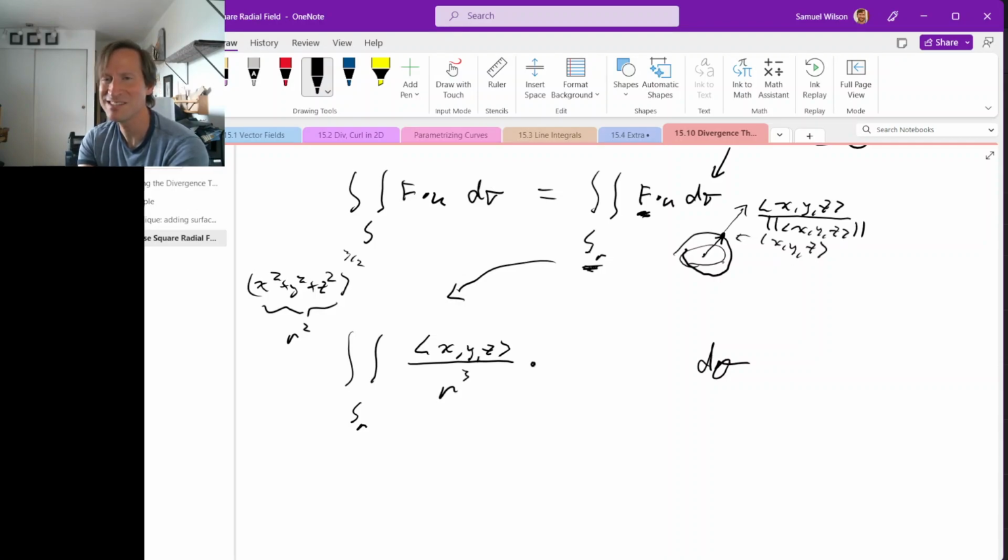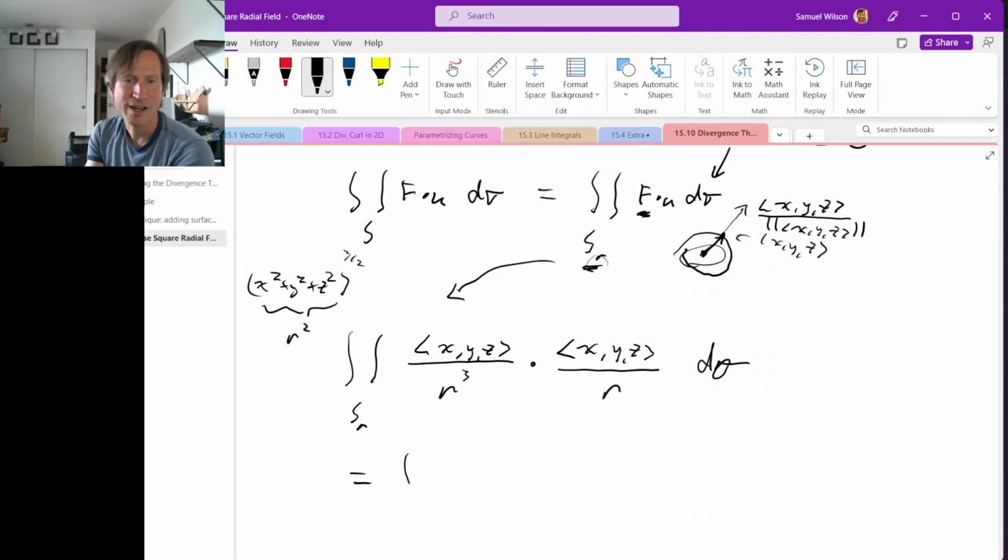That's a nice shortcut to get a normal vector for a sphere. So for our normal vector, we're going to use x, y, z divided by the length of x, y, z, but we're on a sphere of radius little r. The distance of this point from the origin is little r, so that's little r right there.